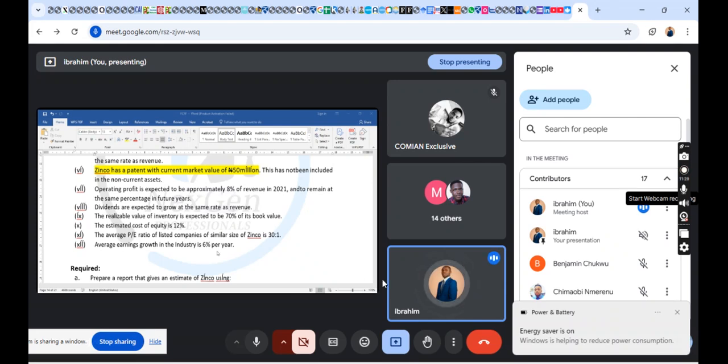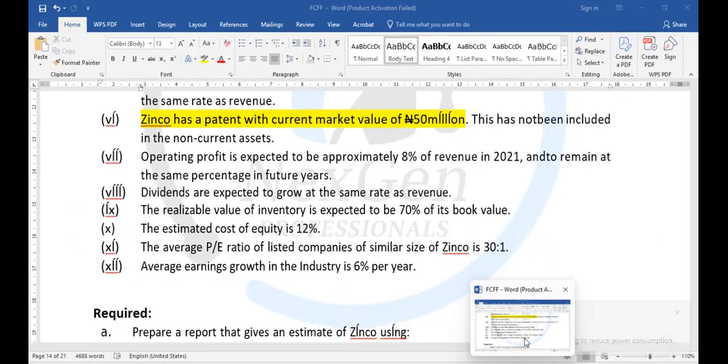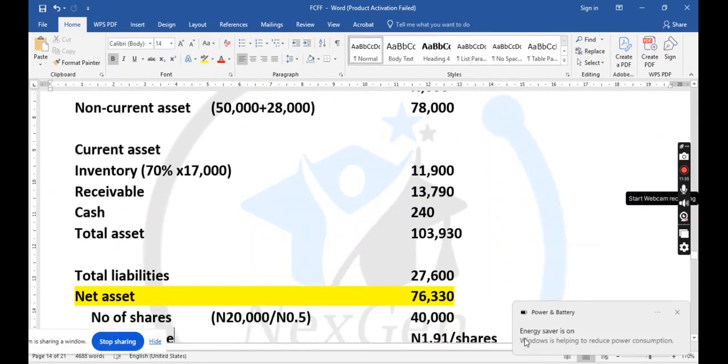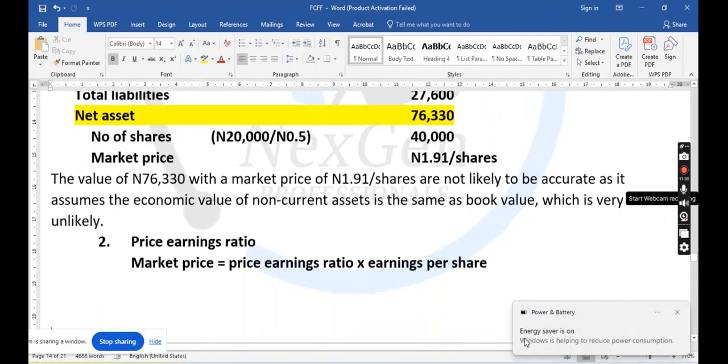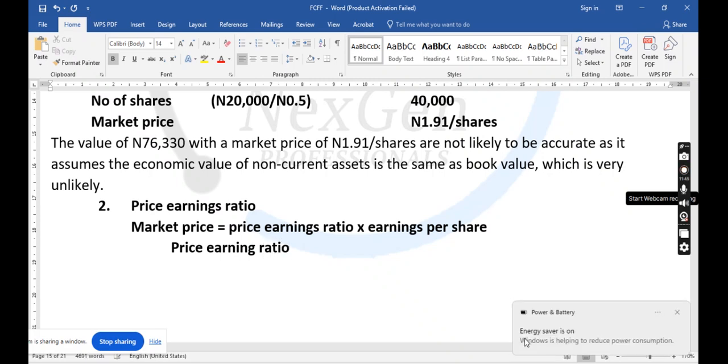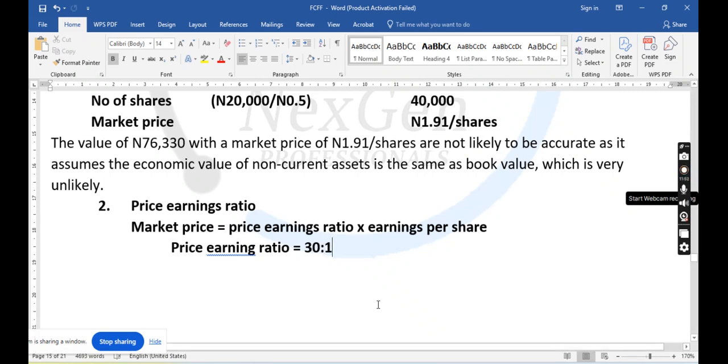But in this case, the average PE ratio is given to us, so we don't have much issue with that. So the price earning ratio is 30:1.